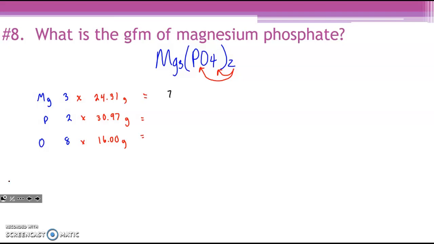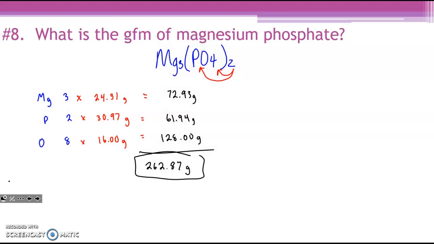Final numbers, 72.93 grams, 61.94 grams, 128.00 grams. Final mass, 262.87 grams. This is your GFM, not GMM, of this ionic compound, magnesium phosphate.